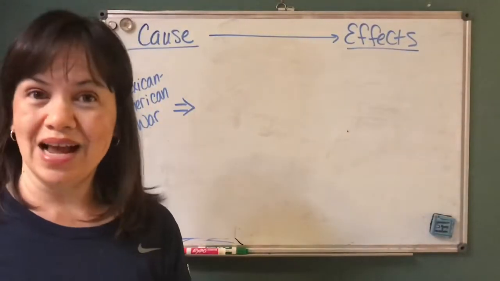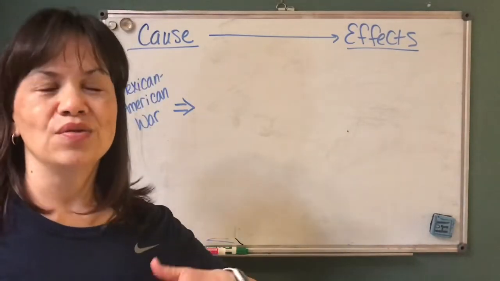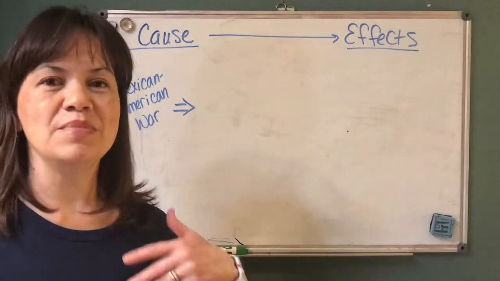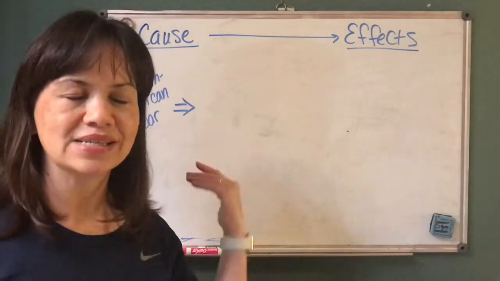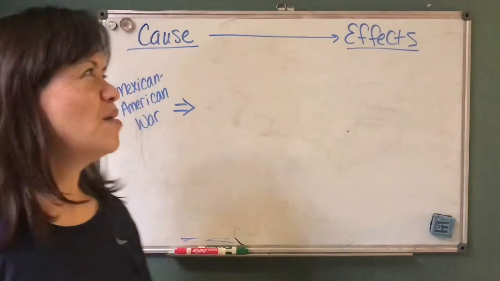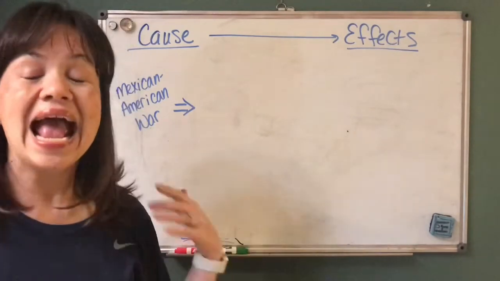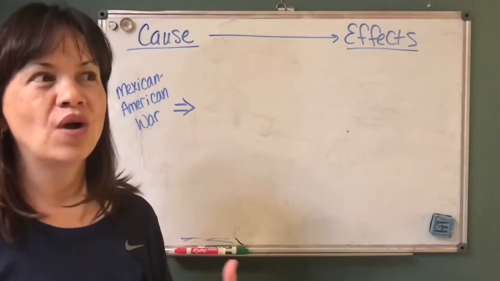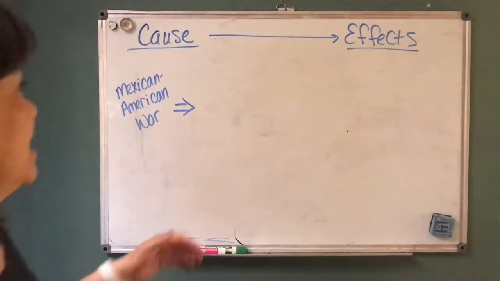So a lot of times when people think about U.S. history or even Texas history, they don't think about the Mexican-American War. People think about the Revolutionary War. They think about the Alamo, the Texas Revolution, the Civil War, the big world wars. But the Mexican-American War just seems like a little blip on the radar screen. And yet the Mexican-American War actually had far-reaching effects for United States history.